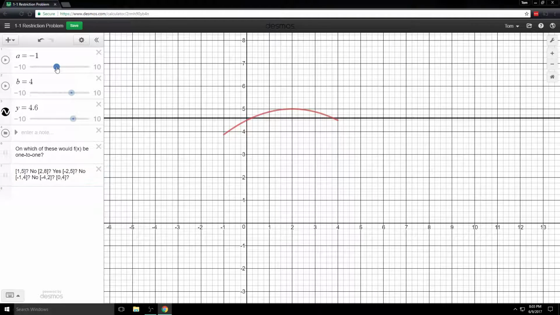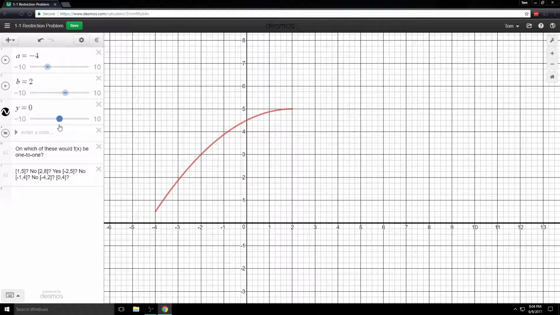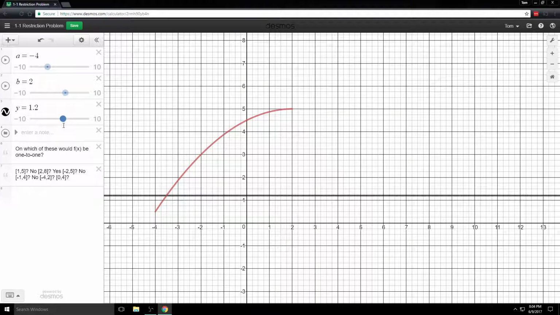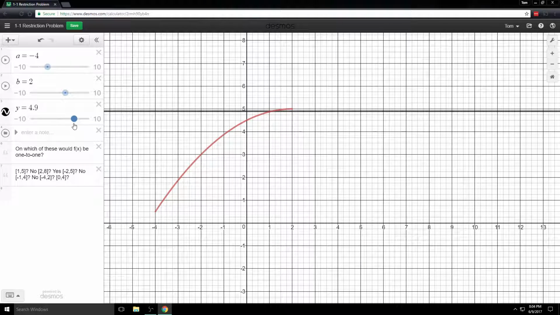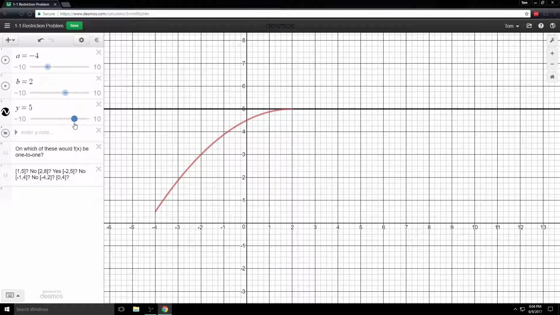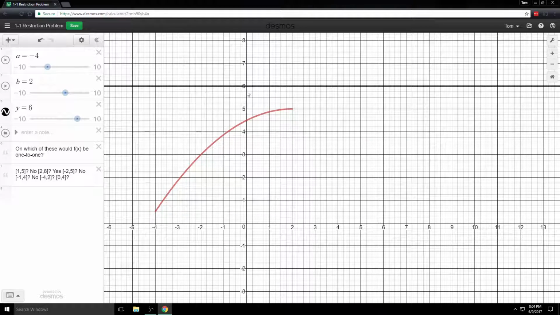All right, next up is negative 4 to 2. All right, so now looking at the horizontal lines on that piece, those horizontal lines are fine. They cut the graph in one spot. That's okay. And then right here, it would just be that one point up at the very top. And then up here, there would be no intersection points for those horizontal lines. So the answer here is yes to that one.